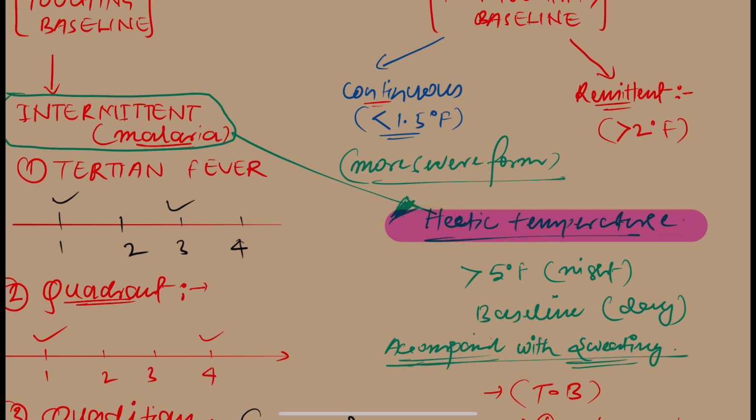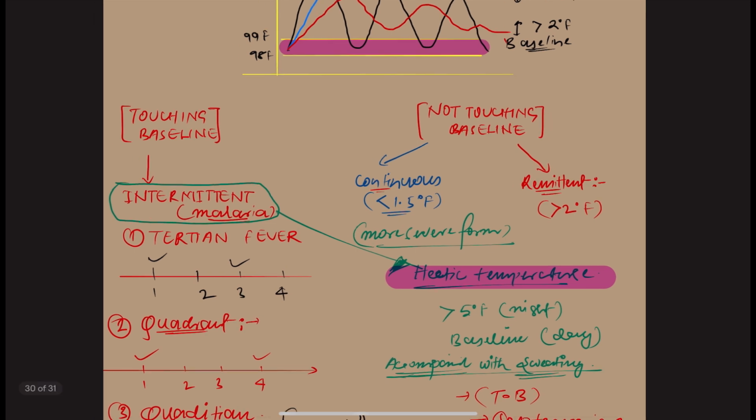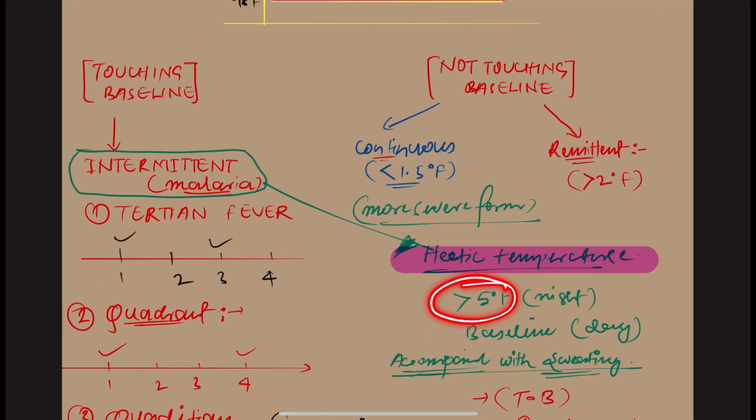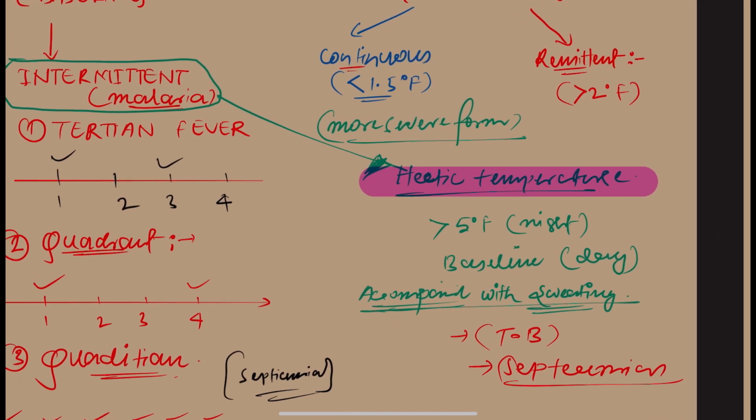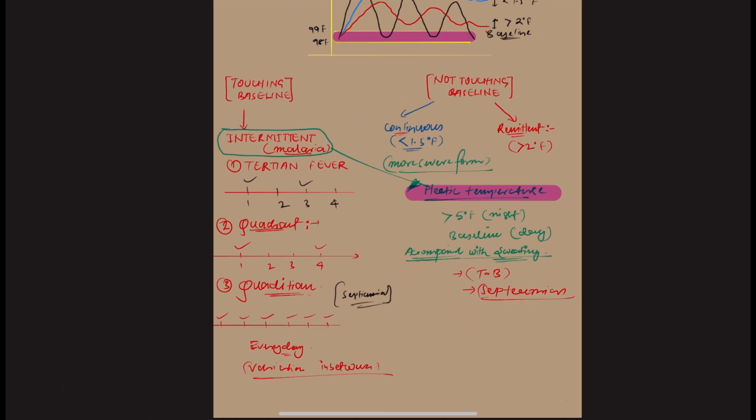So it is the most severe form of the intermittent fever. देखिए, इधर टेम्परेचर वेरिएशन मोर देन 5 डिग्री फ़ारेनहाइट होगा रात में, और दिन में बेसलाइन को टच करेगा, बट इट विल बी accompanied with स्वेटिंग। तो जब बेसलाइन टच करेगा तब इंडिविजुअल विल स्वेट। In case of tuberculosis and the septicemia, this can be seen.